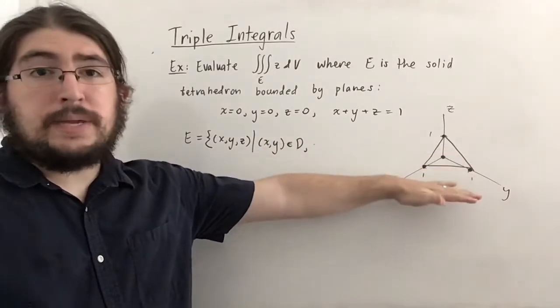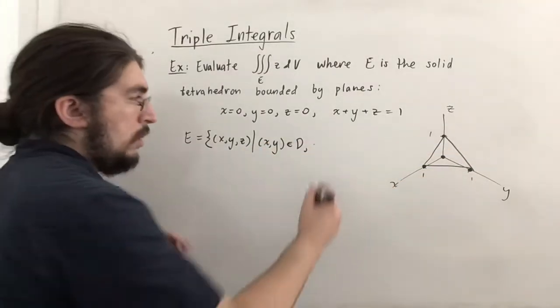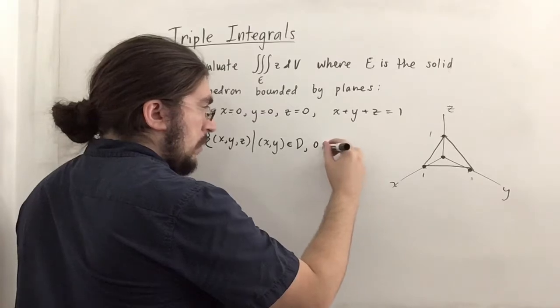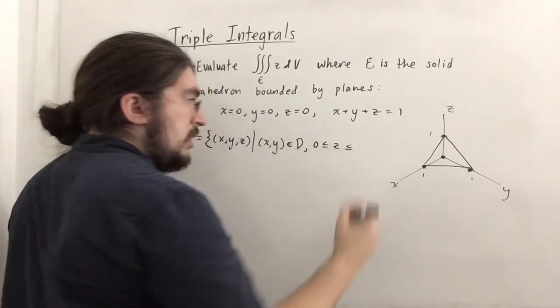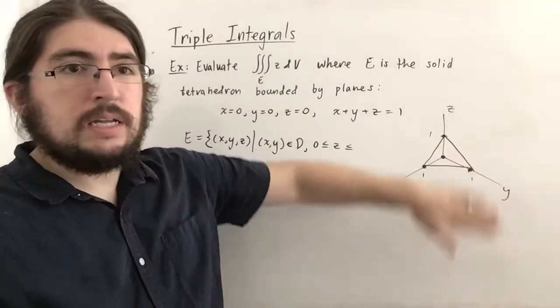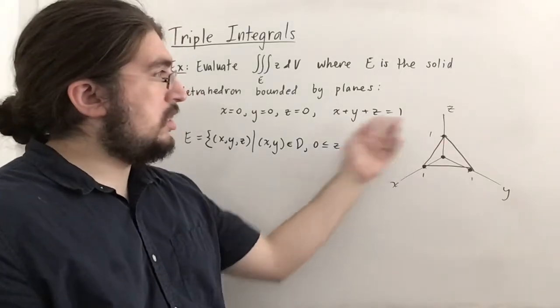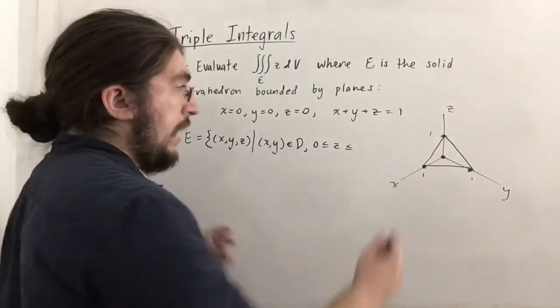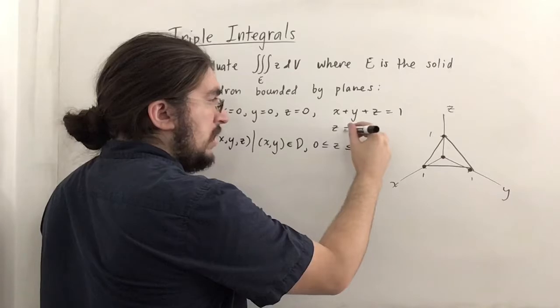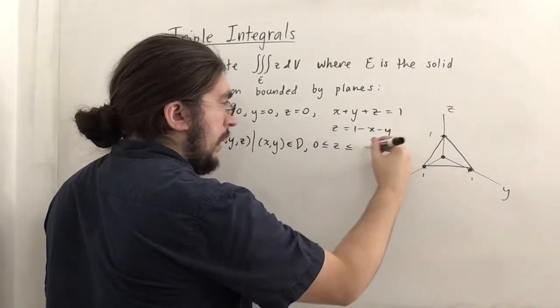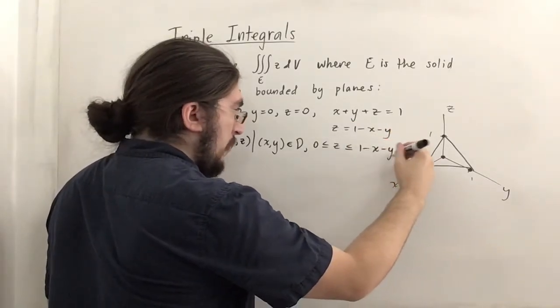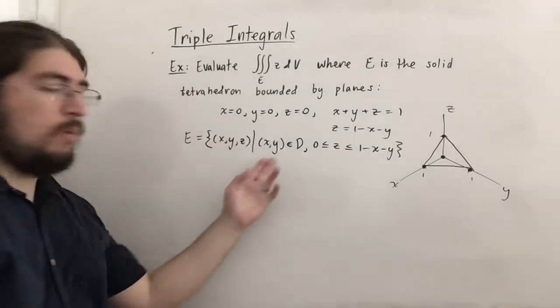The lowest z can be is on the xy plane, which is when z is equal to 0. The largest z can be is touching this slanted triangular part, which is this plane itself. If you solve for z here, z is equal to 1 minus x minus y. Perfect. The only issue now is what is D?